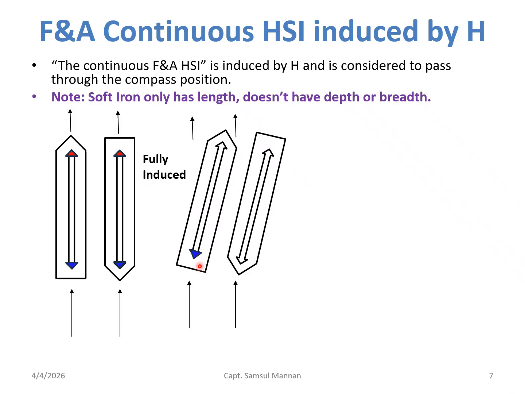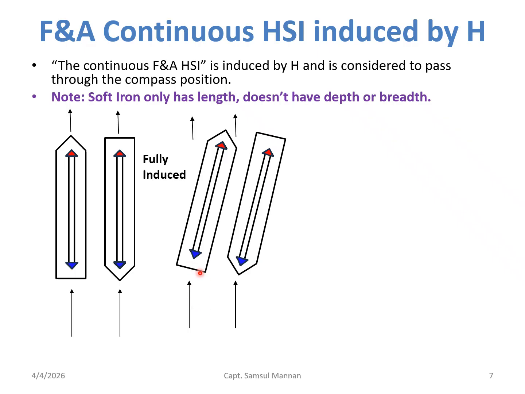Let's see what happens. Here the magnetic lines of force are entering on that side, creating a blue pole, and forward it is creating a blue pole. When the vessel heading is 045, it creates a red pole at the forward, and when the vessel heading is 225 degrees, it creates a red pole at the stern. Why? Because the lines of force are entering in this direction.